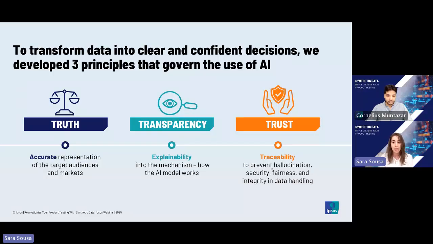So that means that we understand how it works, how it produced that output, and what sources it used to inform that output. Was it the data we inputted, or was it something else? And then it must deliver an output that we can trust. And for us to trust it, we need to be able to trace it back to the sources. This prevents risks of AI hallucination, security, and fairness.